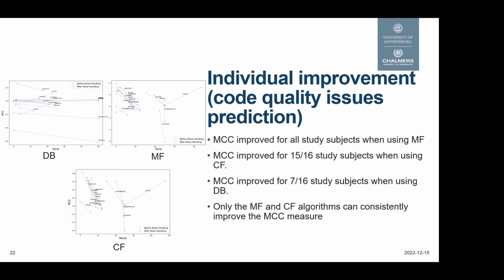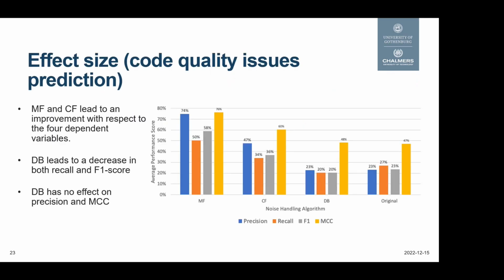And when it comes to the MCC, both the MF and the CF showed an improvement in the MCC measure in the majority of subjects, with 15 out of 16 subjects improved after applying the CF, and only 7 out of 16 subjects improved when using the DB.